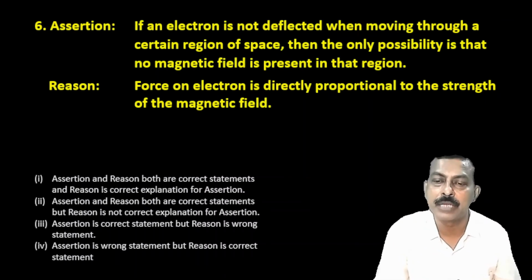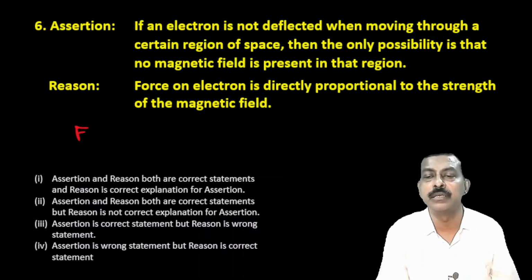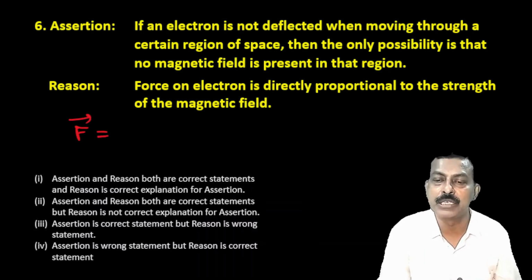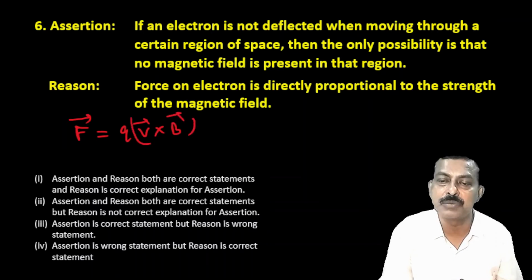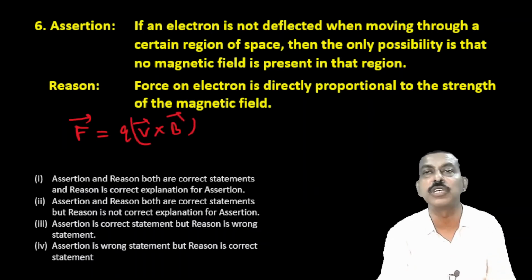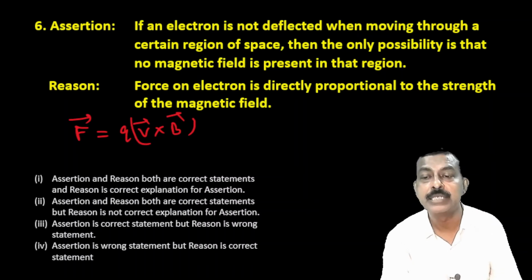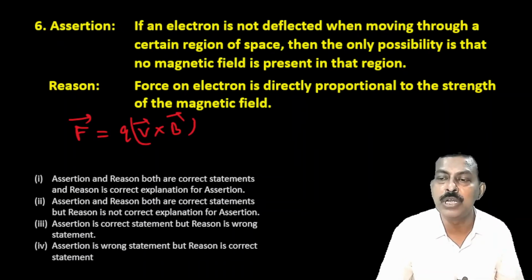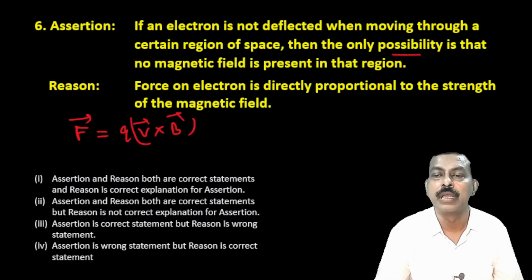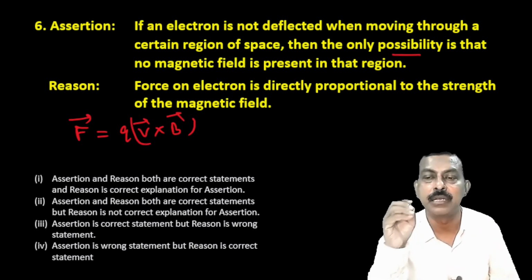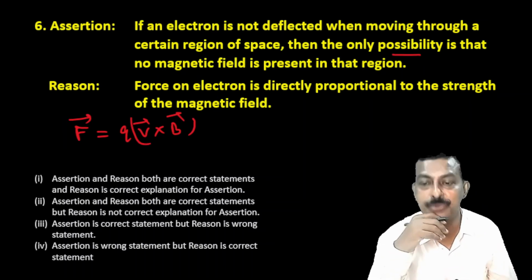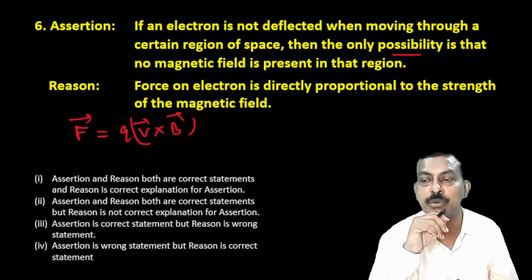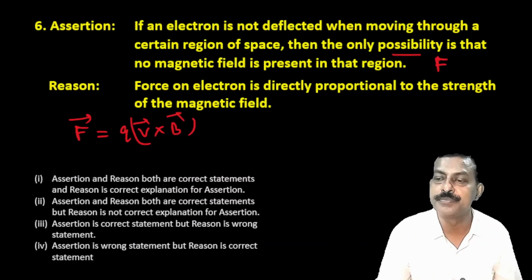If you have an electron or any charged particle moving in a region of magnetic field, the force acting on it is given by F equals QV cross B. Here you can see if B is 0, then definitely the force will be 0. But that is not the only possibility. If the charged particle is moving in the direction of the magnetic field, then also the force will be 0. So this is false.